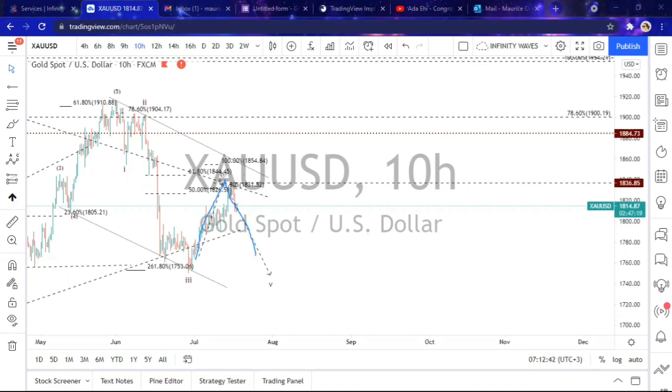So price came to this level, but it can also move up from here to go to 1854, this level, then drop down, or it can drop down, continue dropping down from here. So we'll wait to see in the week how this moves, but we're expecting it to go a bit higher for it to now drop down. So that's for gold.